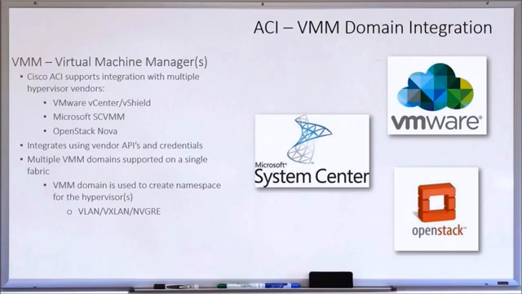We also are going to see that multiple VMM domains are supported on a single fabric. So we could actually have System Center VMM domains, VMware vCenter domains. And we have the ability to basically map, from those specific hypervisors, we can accept VLAN tags, VXLAN tags, or even NVGRE.